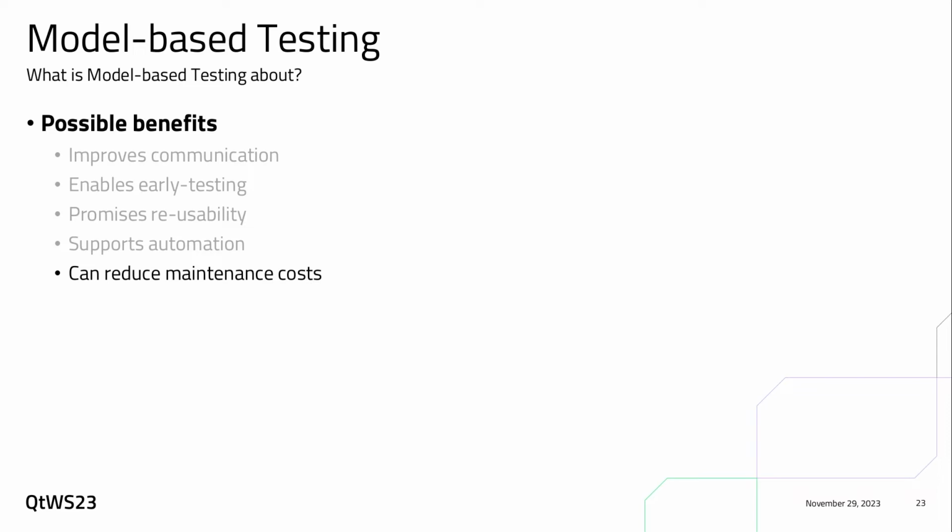So you create one model, and from this model, you can create different test cases. Imagine you walk the path through the model. You go straight, you turn left, you turn right. Hell, maybe you will get lost during your walk through your model. But it can reduce the maintenance costs when it is applied in a good way.